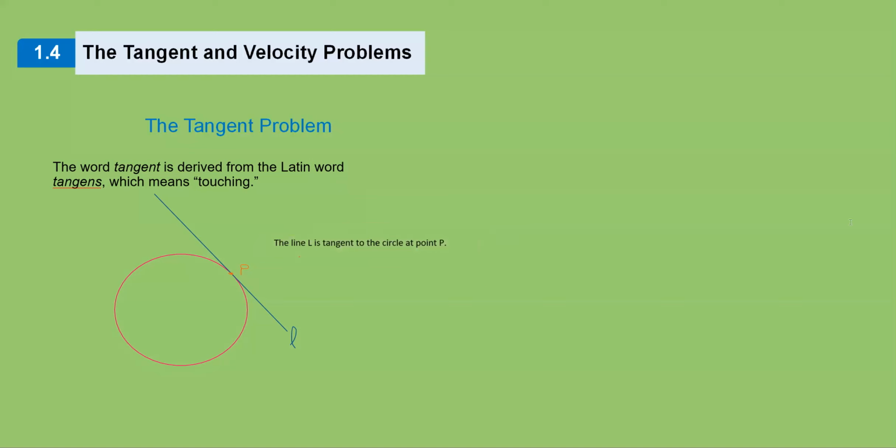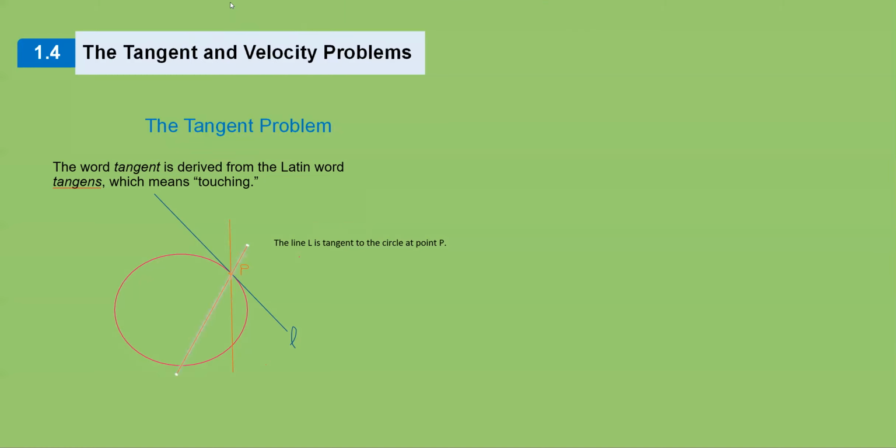This is particularly interesting because this is the only line that can touch the circle exactly at point P. Any other line will be crossing the circle in multiple positions. For example, this orange line will touch the circle twice going through point P, and then you can introduce another one, something like that.